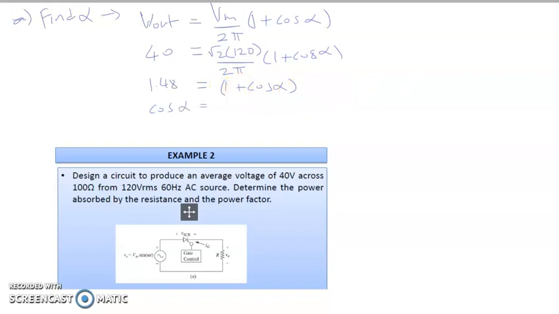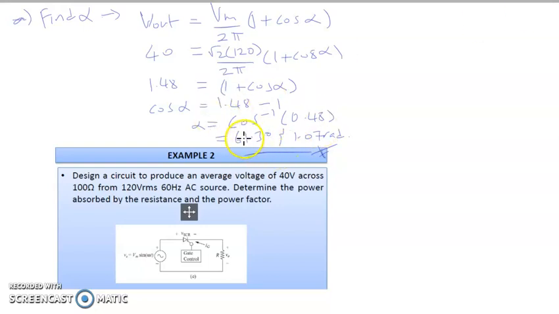So you put the alpha on the other side. So you get alpha equal to cos inverse of 0.48, which becomes 61.3 degrees. Or you put in radian. So it becomes 1.07 radian.